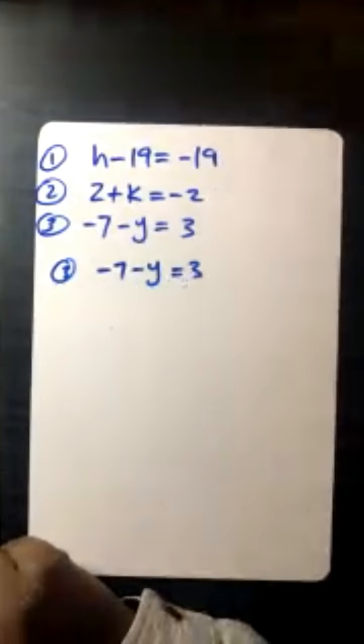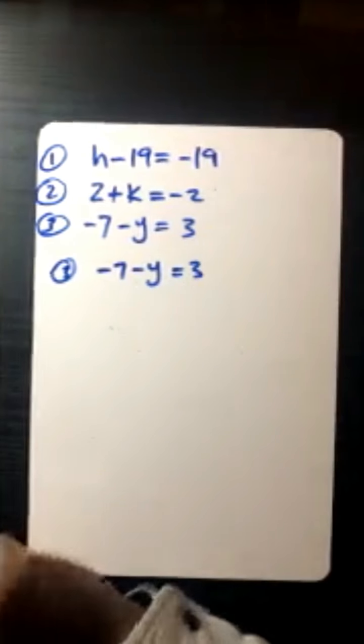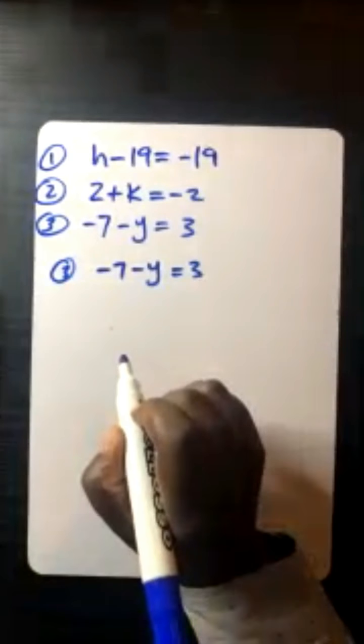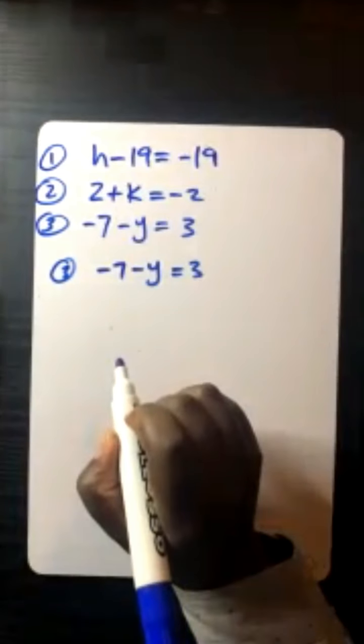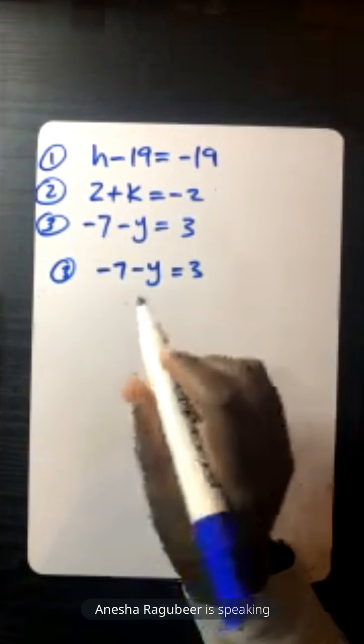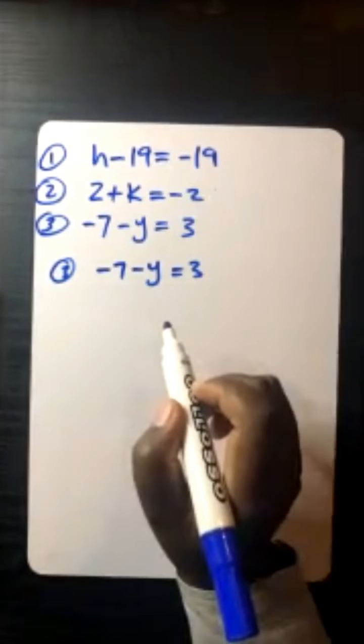Now we can start to solve. Then, Shreyas, what is our first step? We have to take the negative 7 and transpose it to the right side of the equal sign. Then on the left, what do I write?